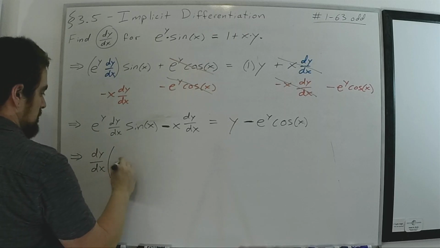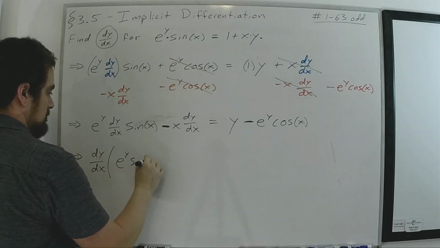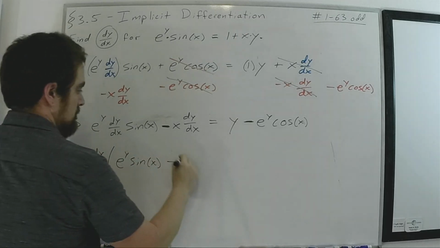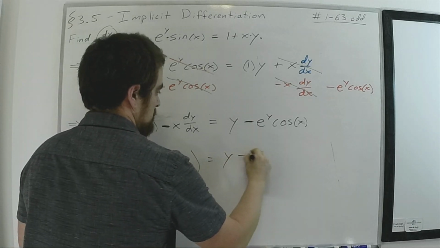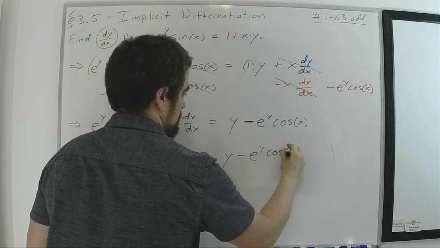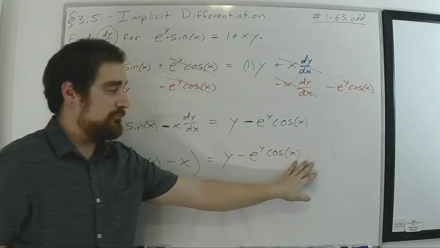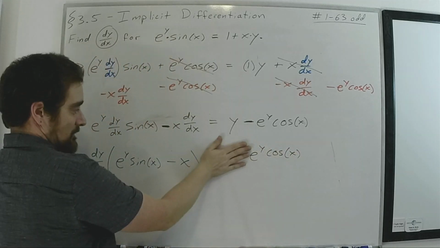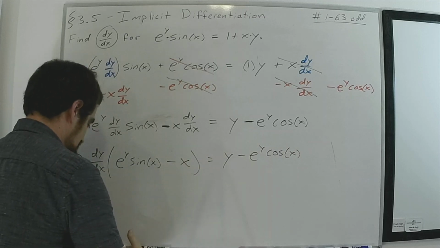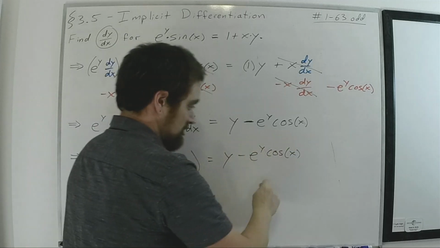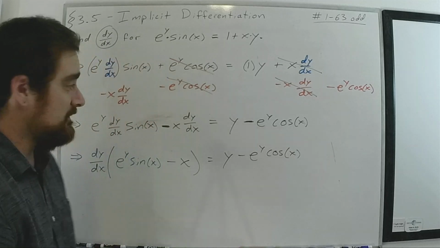Because it's in this term, e to the y sine x, and it's in this minus x term here, which leaves me with the same thing on the right-hand side. I never touch it. But don't be lazy and not rewrite it. If you don't write the right-hand side and just write the left-hand side and then go on to the next step, I'm going to put a big question mark there and go, what? That doesn't make sense.